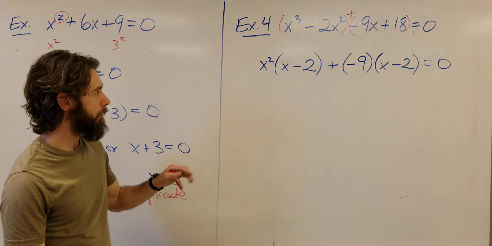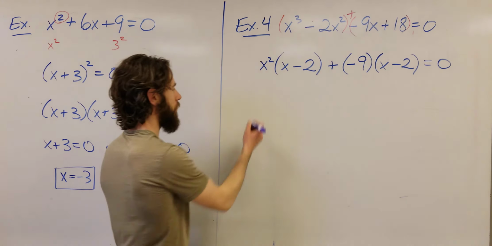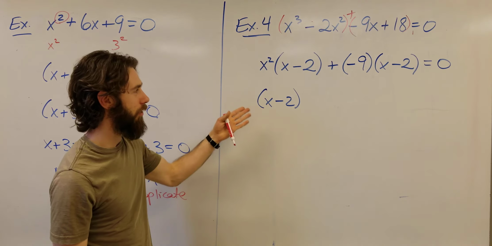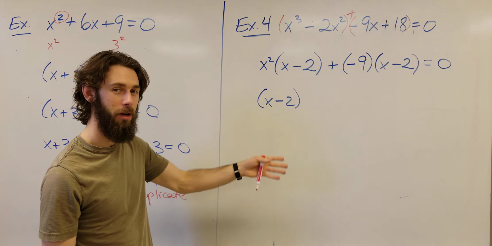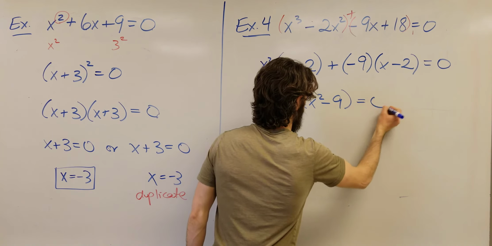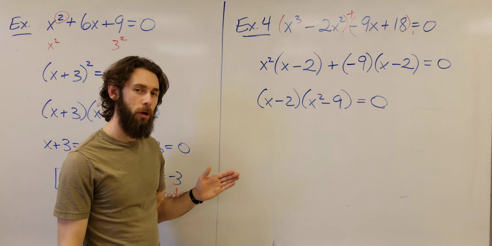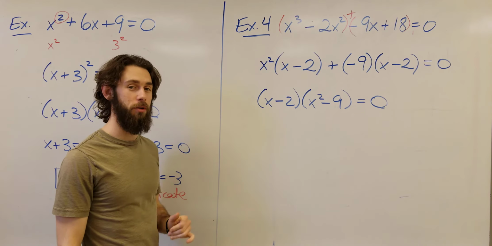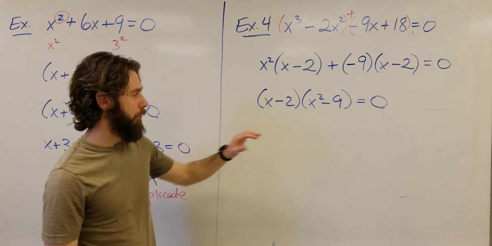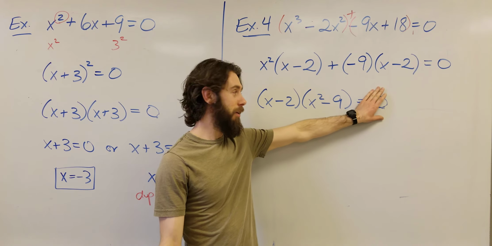Okay. Now, we need to factor out the x minus 2. So pull the x minus 2 out. The leftovers are x squared minus 9. All right, so are we done according to the solving the equation by factoring method? Well, just looking at the side we're trying to factor, is that completely factored?